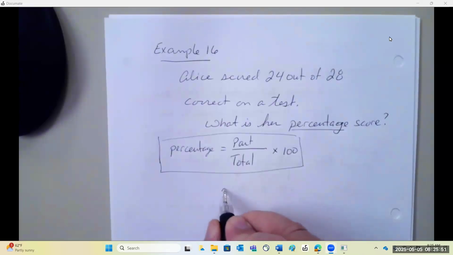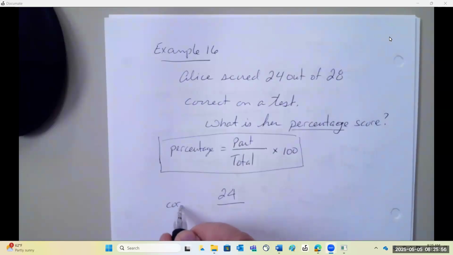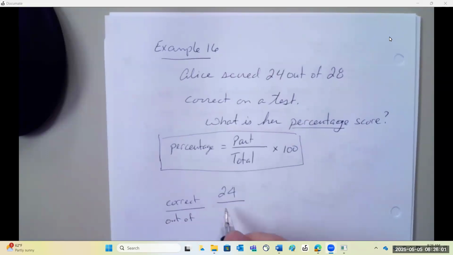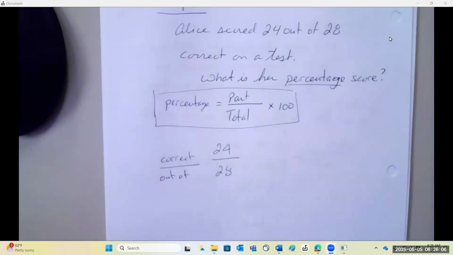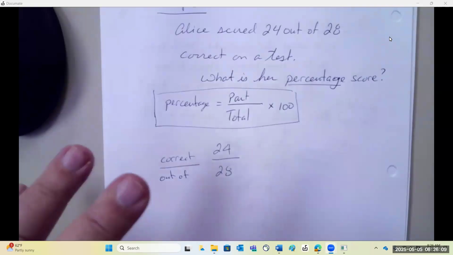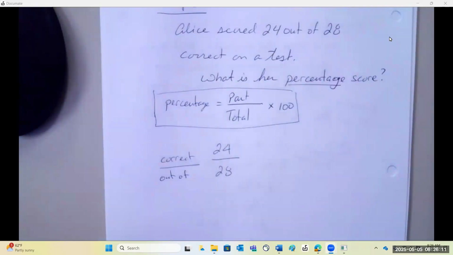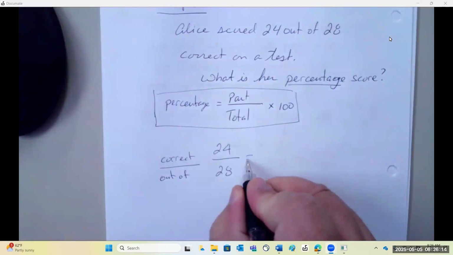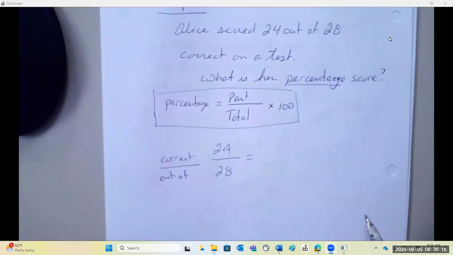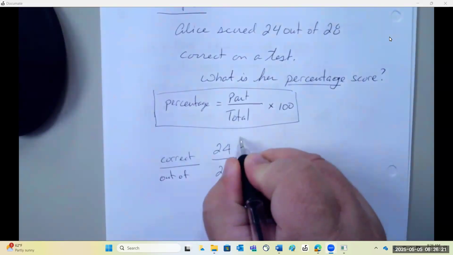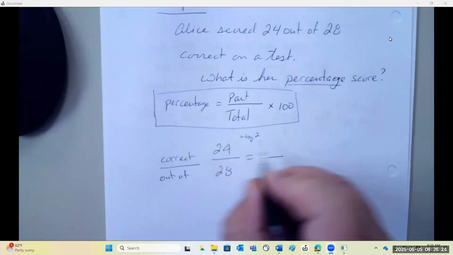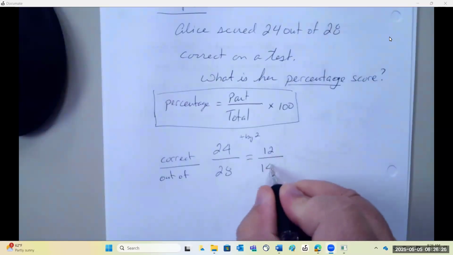So the part was 24 out of 28 questions. So we find a decimal for that and then change it to percent and multiply by 100. Can we simplify these? Yeah, they both have a 2 in common. Divide by 2, we get 12 and 14.